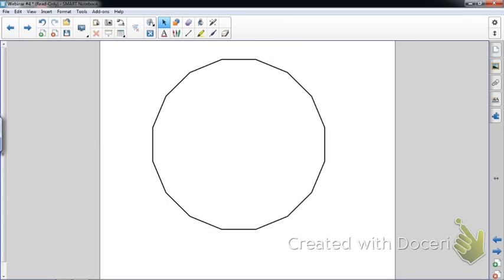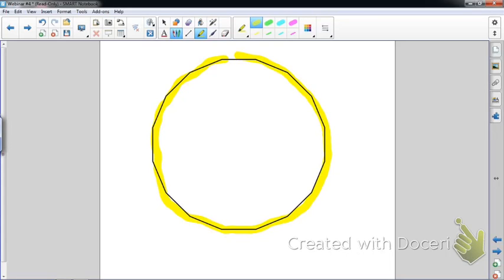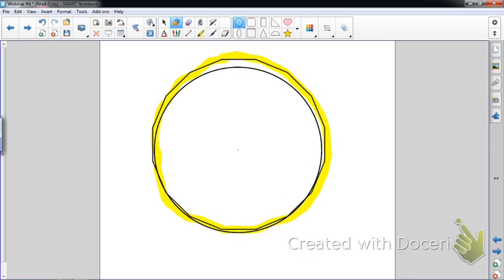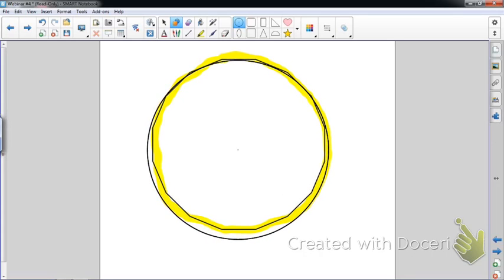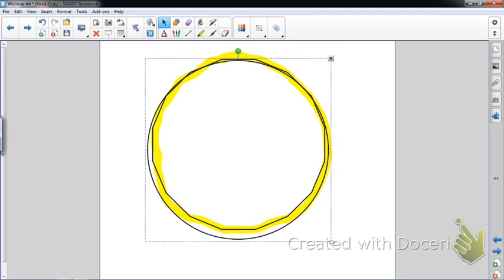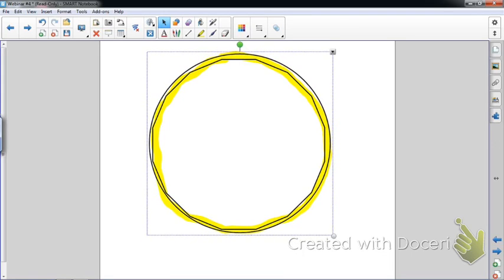And as you start looking at the shape of this 16-sided polygon, no matter how many sides we have here, it gets closer and closer to a circle. I'll put one here, as you can see, very close. Not saying that it's there, but it's very, very close to a circle.